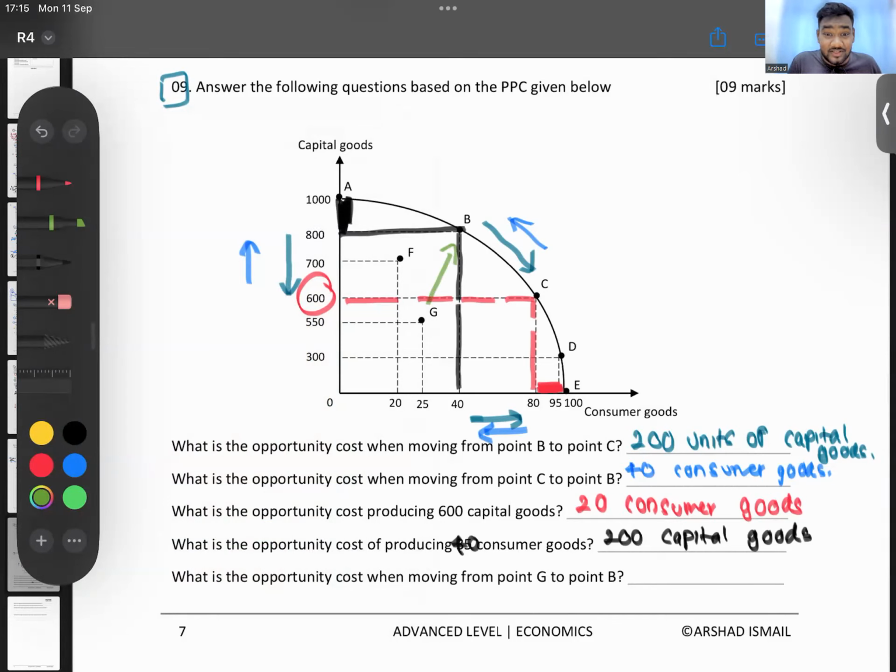Why, guys? Because point G is in unemployment. When you're going to B, you can increase capital also, you can increase consumer goods. Yes, even for point F to B it is the same. So you can say there is zero, or in other words, no opportunity cost.